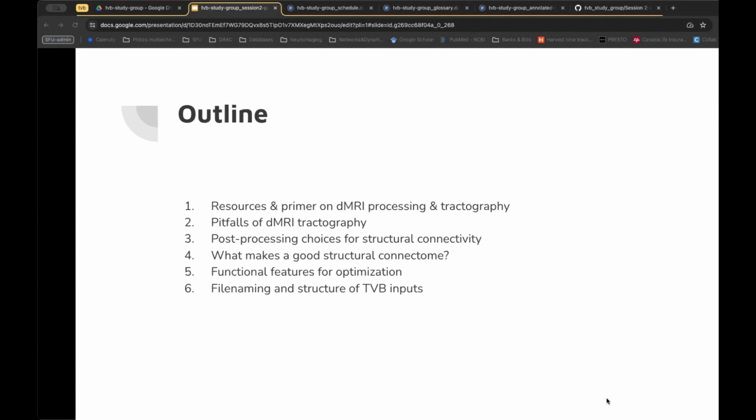They'll also cover some of the functional features for optimization. So we'll talk a lot about the structural connectivity matrix inputs, because it constrains so much of the model, but we'll also touch on the functional aspects and functional features you can use for parameter optimization. And then at the end, not me, Justin and Leanne will cover the file naming and structure of TVB inputs.